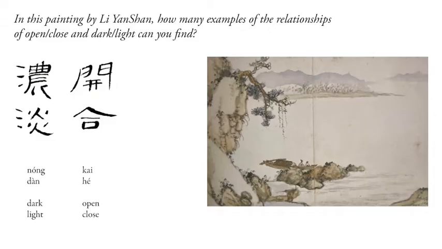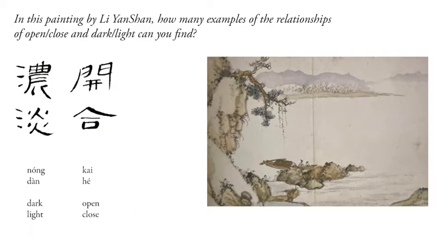So let's look at some examples and see if you can see how both open and close and dark and light are functioning in a composition. Once again, we have 4 examples from Li Yangshan.